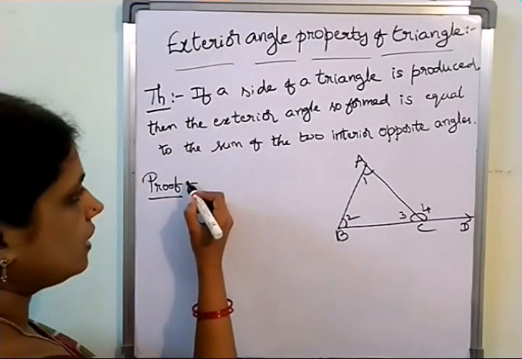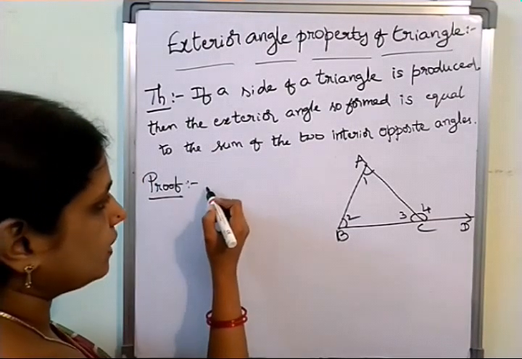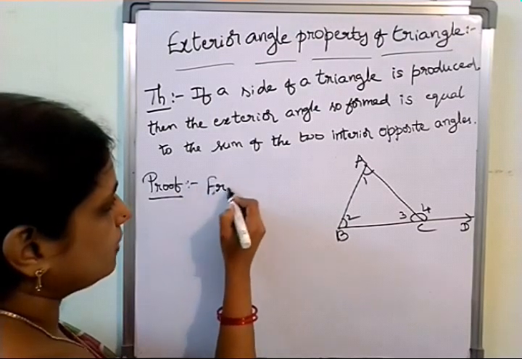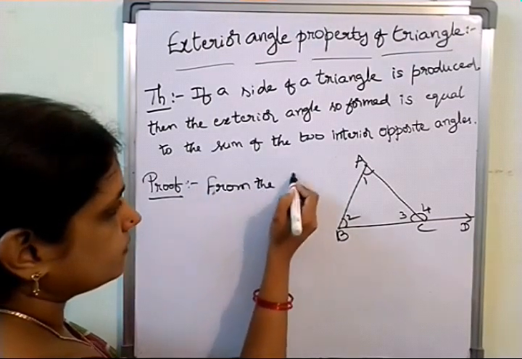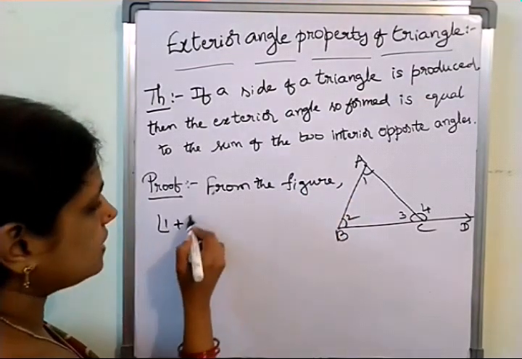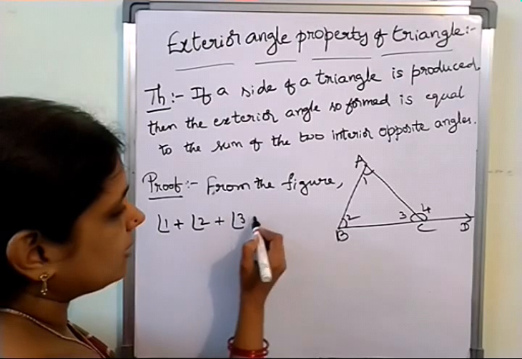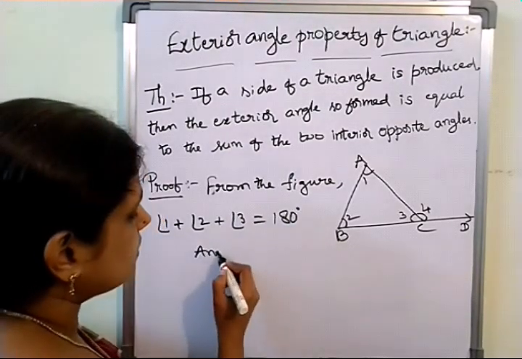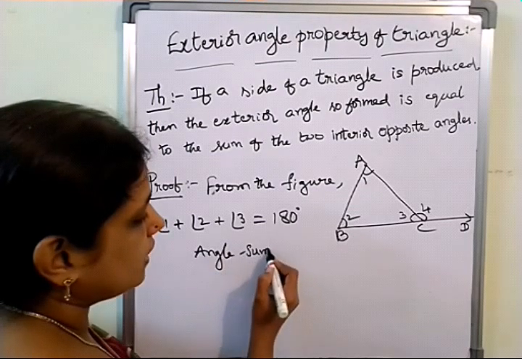Okay. So we are going to write, applying angle sum property, from the figure, what you can write? Angle 1 plus angle 2 plus angle 3 equal to 180 degrees. That is using angle sum property of triangle.